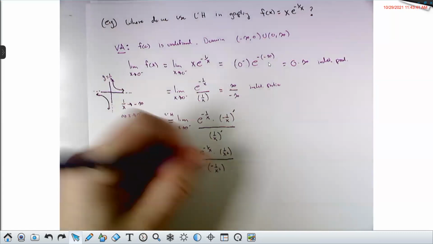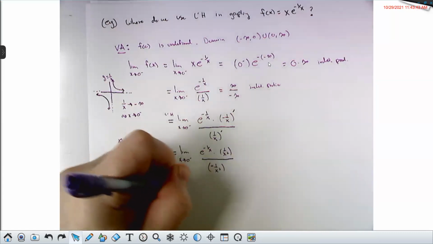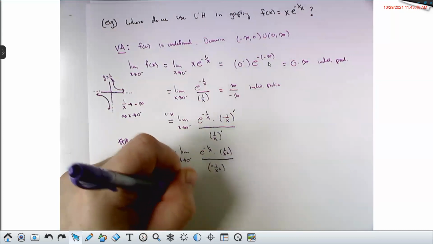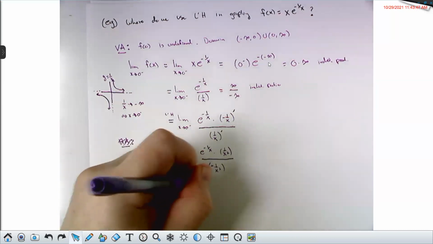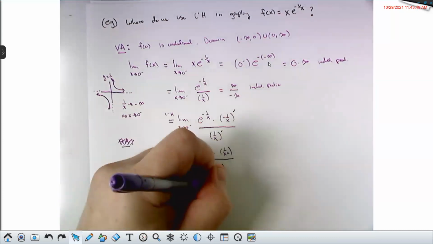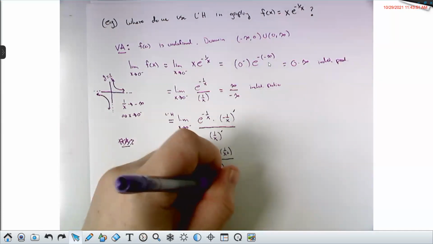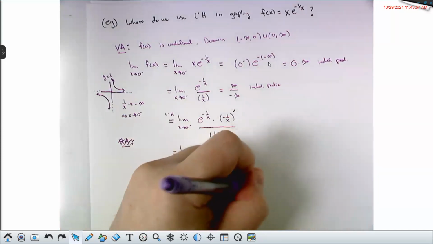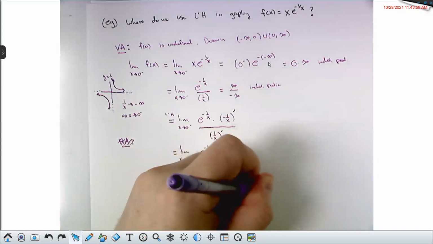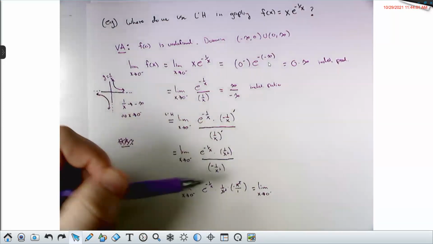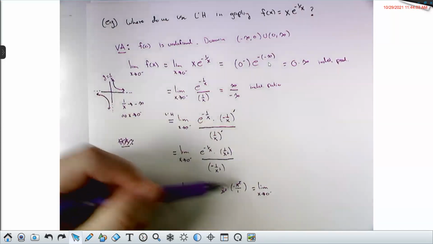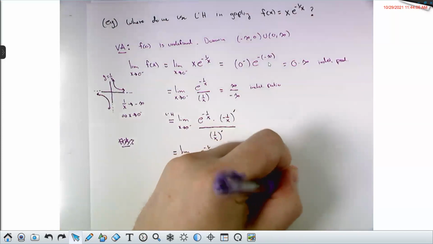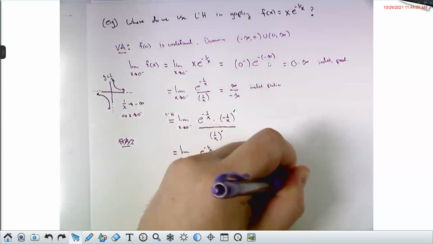And if I bring that negative 1 over x squared back up, we get the limit as x goes to 0 minus of e to the negative 1 over x times 1 over x squared times negative x squared over 1, cancel. And we're left with the limit as x goes to 0 minus of, the negative here survives, so I have negative e to the negative 1 over x.